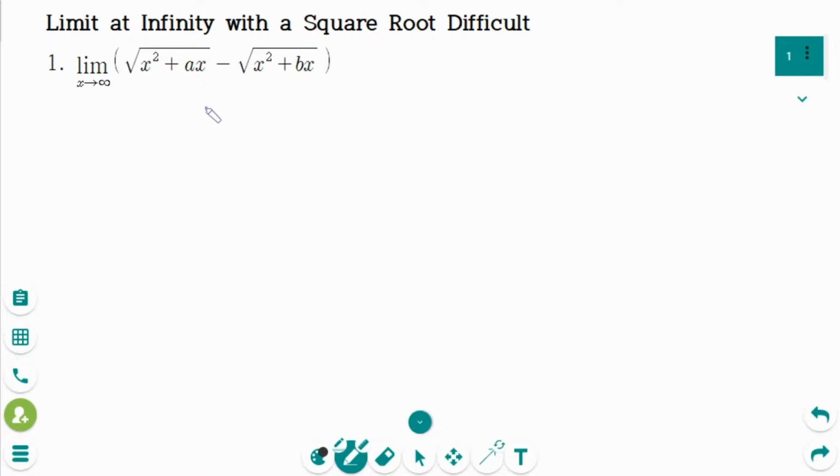Can you see the infinity minus infinity form in this question? The difference is the presence of square roots. Like the previous lesson, we need a conjugate.